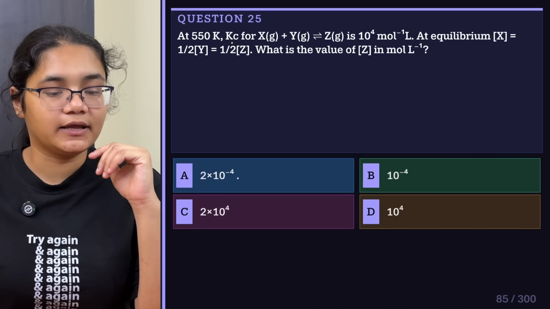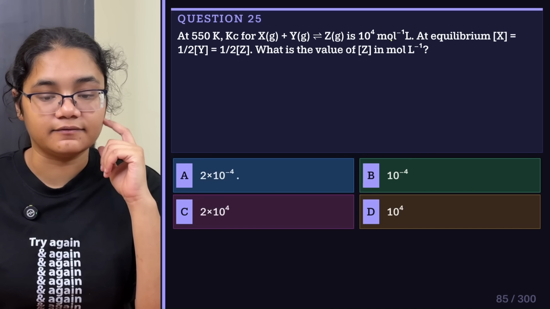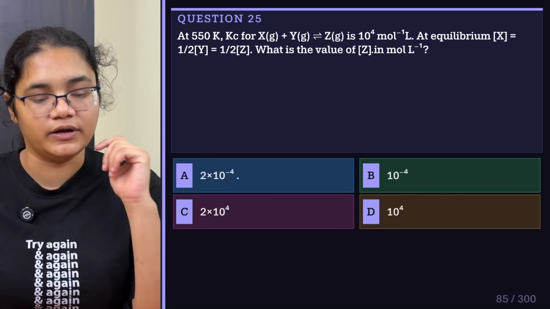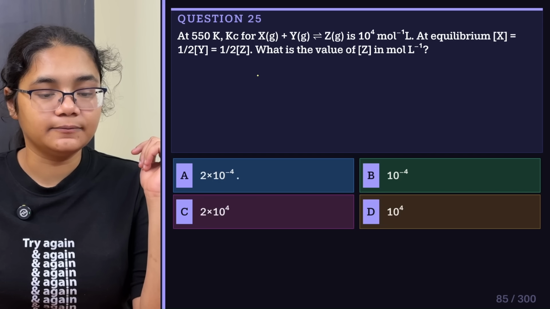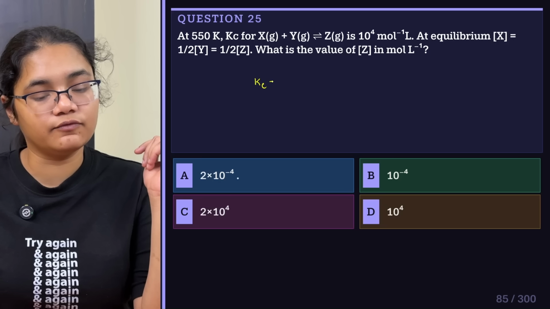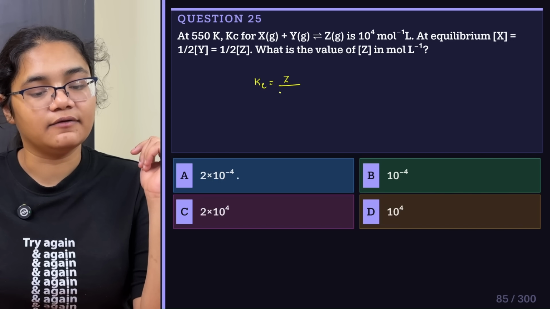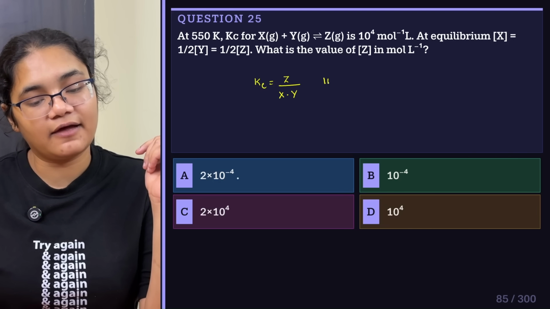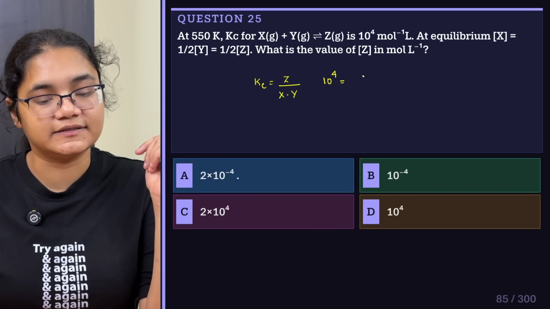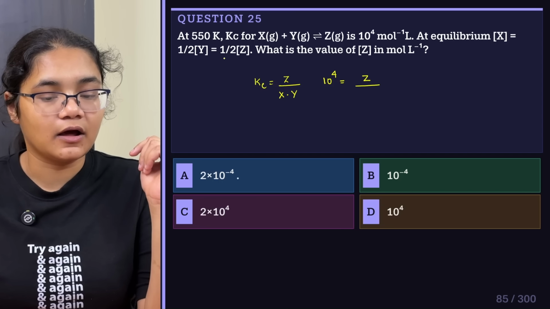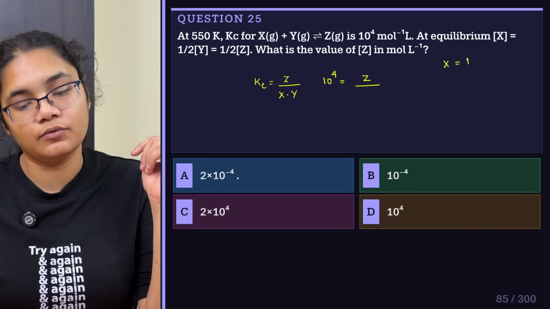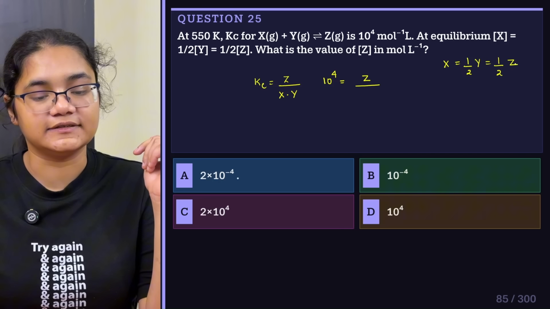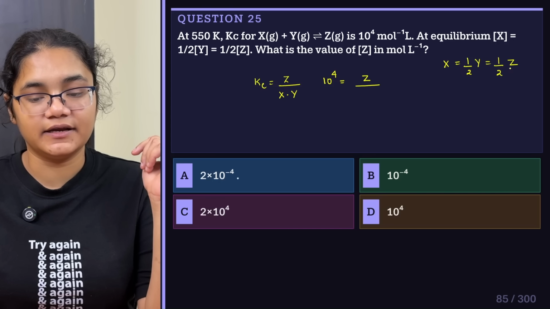Next, at 550 Kelvin, Kc for this is given. At equilibrium, we have this relation. What is the value of Z in mole inverse? If you see, the Kc value will be concentration of Z divided by concentration of X into concentration of Y. Now here we have 10 to the power of 4. Z concentration is already there. Now you have X is equal to 1 by 2 Z and Y is equal to 1 by 2 Z. So what is the value of X in terms of Z?